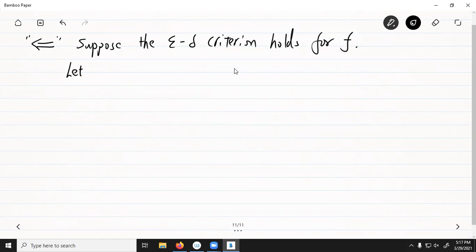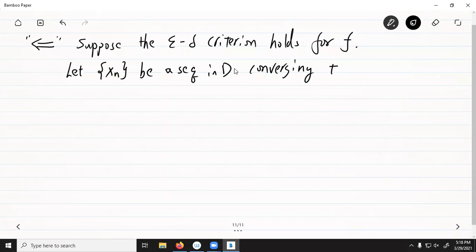How do we prove it? We need a convergent sequence, then f on that convergent sequence will also converge to f on that limit. This is the definition we currently have. So we let xn be a sequence, of course in its domain D, converging to a.